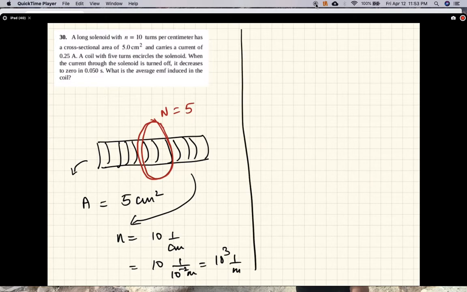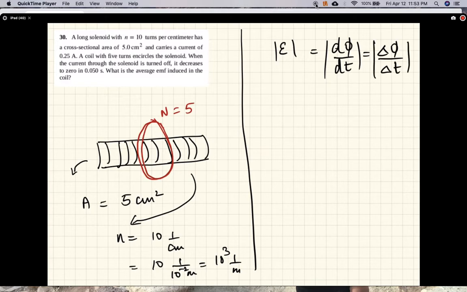Okay, all right, so the induced EMF in the outer coil, the red coil, the magnitude of the induced EMF is the rate of change of magnetic flux, delta phi over delta t, absolute value.